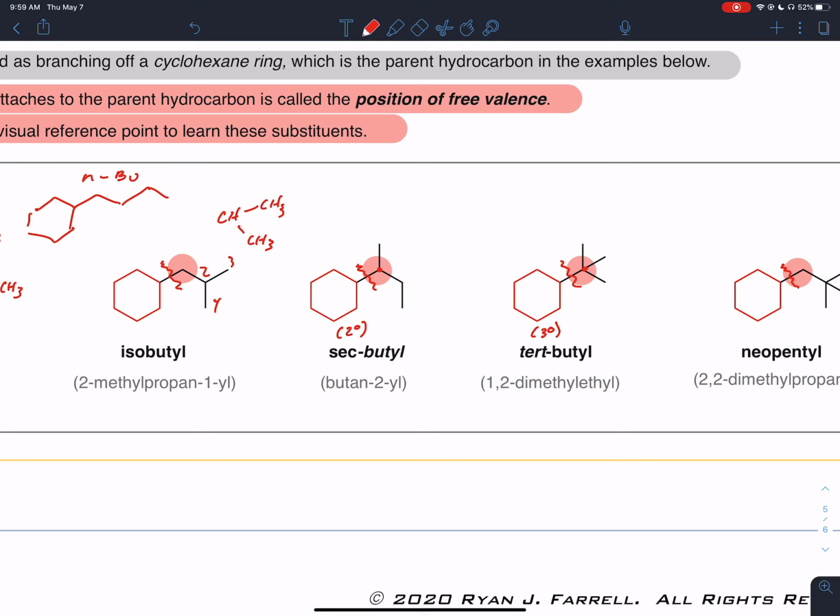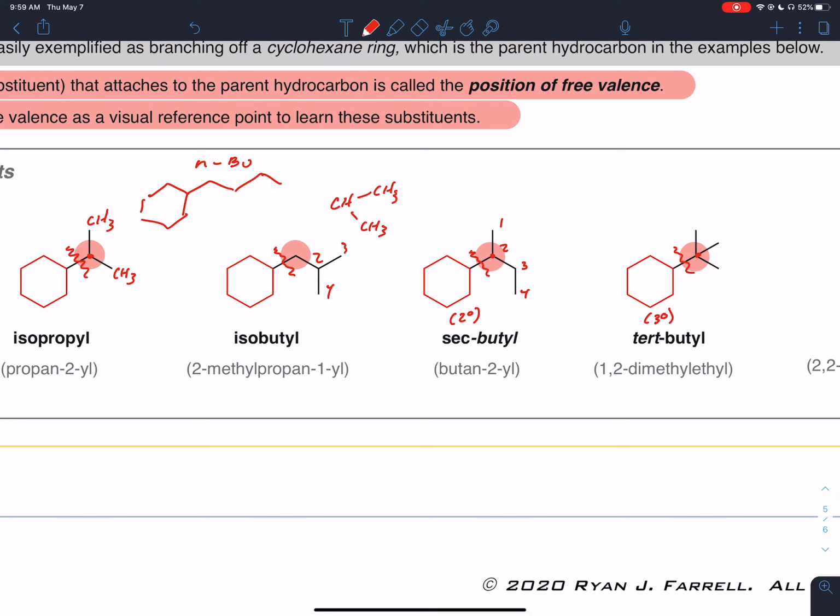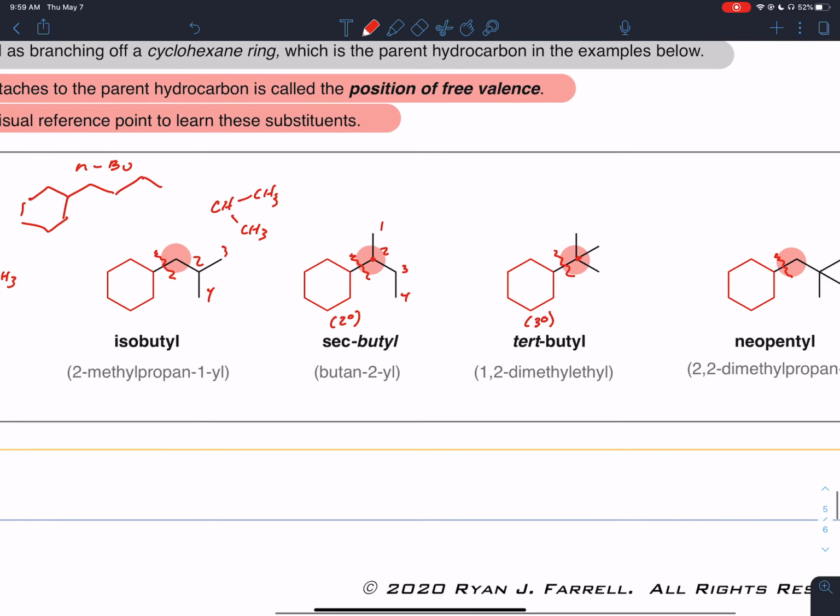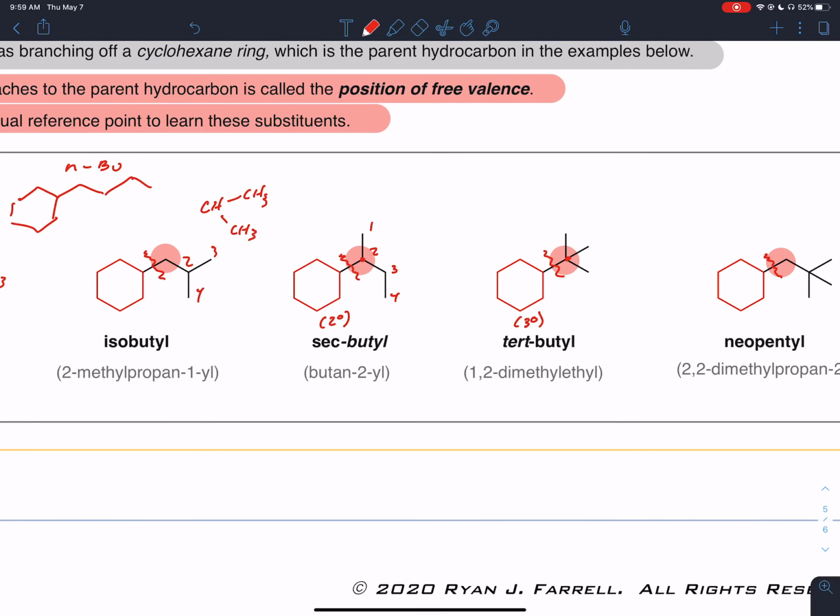So sec-butyl is saying that carbon is secondary, and we have a 4-carbon chain, but it is that secondary carbon that is attached to the parent hydrocarbon. You can see visually that it is different from the isobutyl group or from a straight chain butyl substituent. The tert-butyl group, again, is visually different.